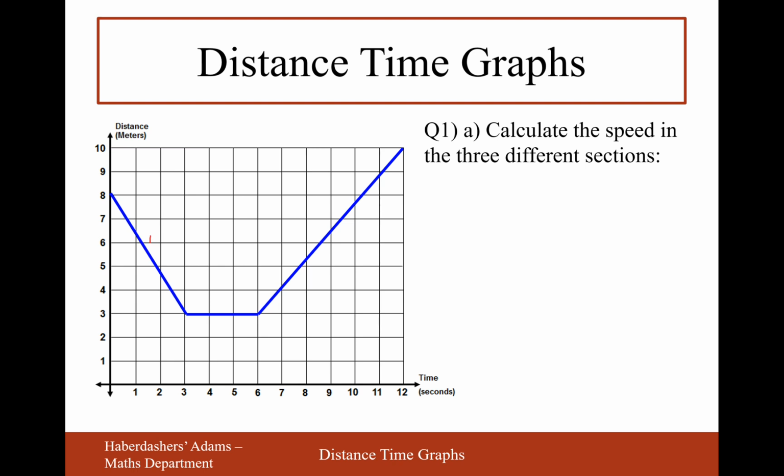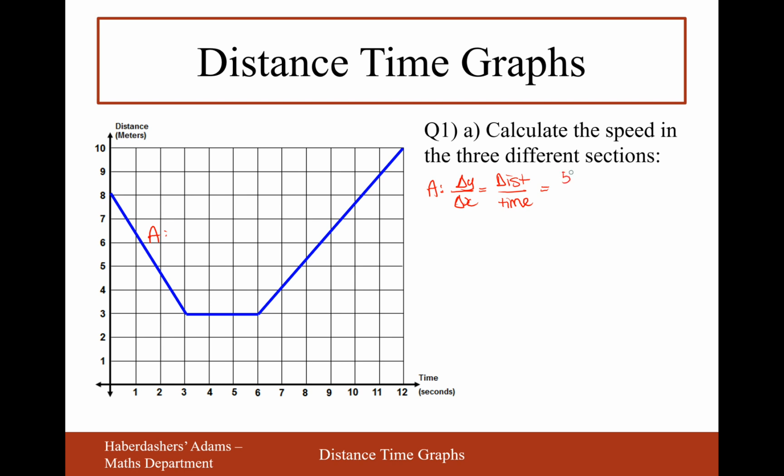In section A, we'll calculate the gradient. So section A will be difference in y divided by difference in x to calculate the speed. And when we calculate the speed, effectively we're doing a calculation of distance divided by time. So, how far did we travel in section A? We travelled from 8 meters away to 3 meters away.